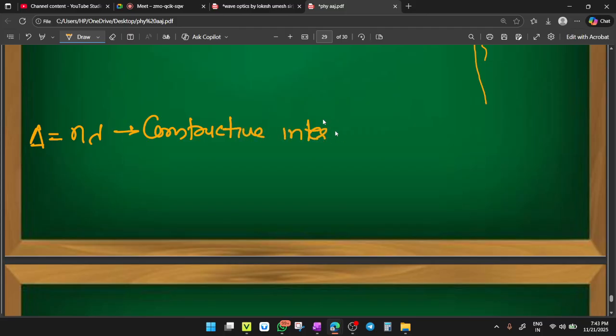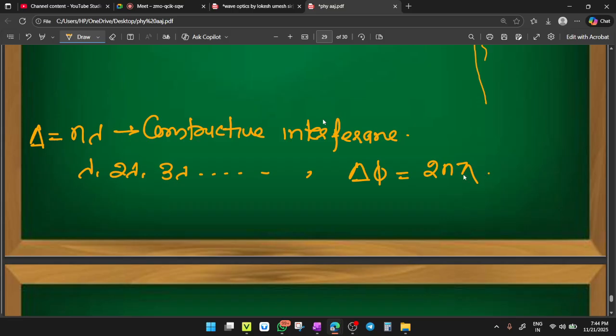We saw yesterday in interference that for a path difference of n lambda, the position is of constructive interference. It means lambda, 2 lambda, 3 lambda, and for a phase difference of 2n pi, there is constructive interference. But today, if the path difference equals lambda, you will have destructive interference.